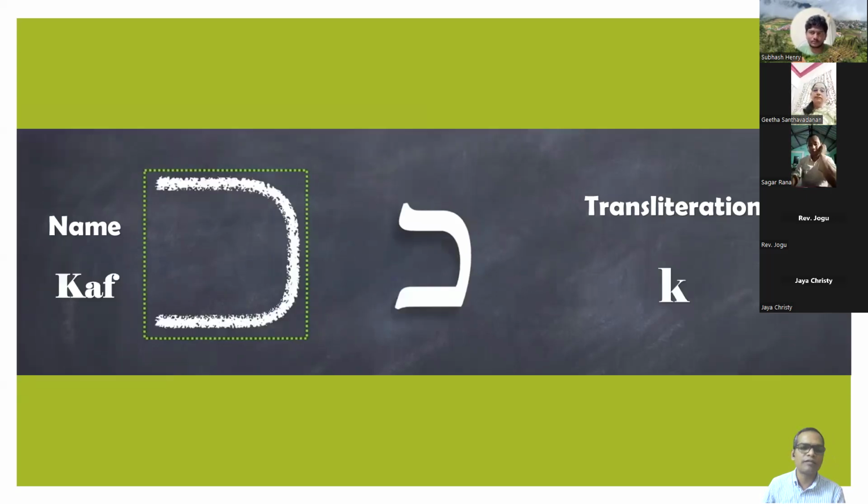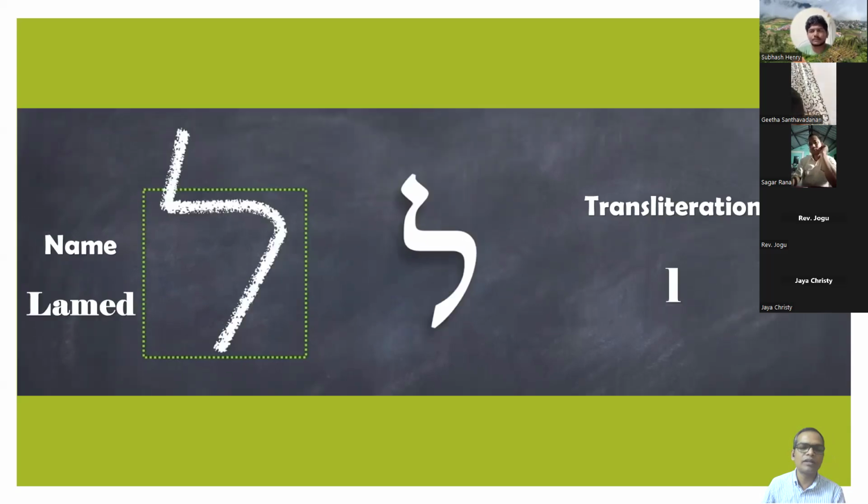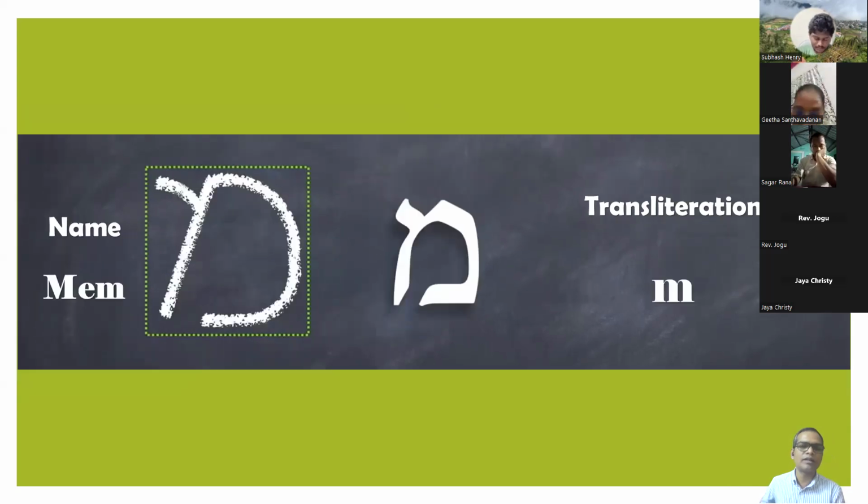So Kaf, Lamed, then comes the next letter Mem. How is Mem written? A slanting vertical line. From the bottom it has to go up, and then an inverted C-like curve will be formed.